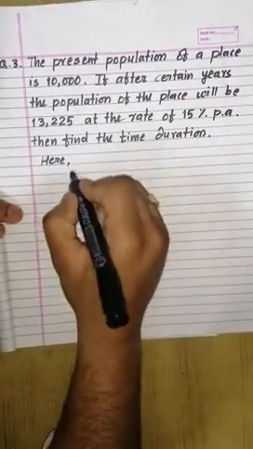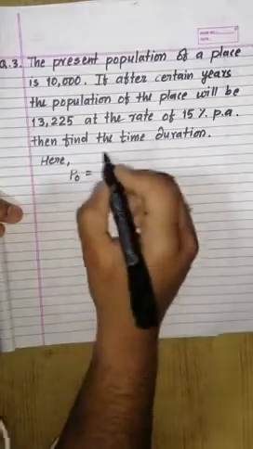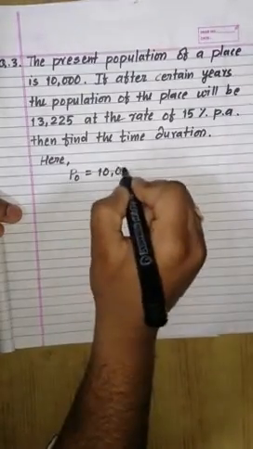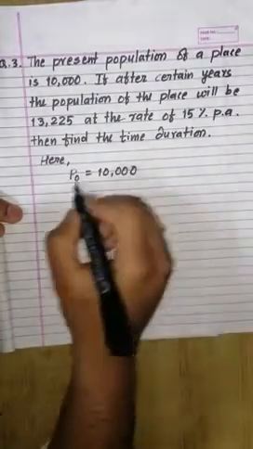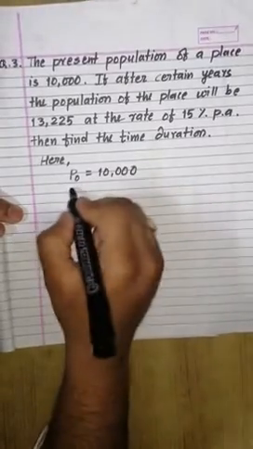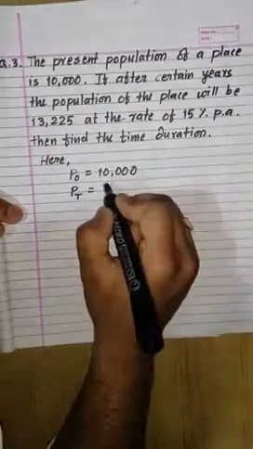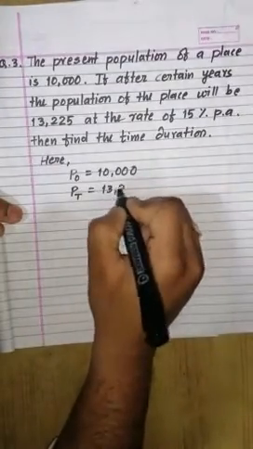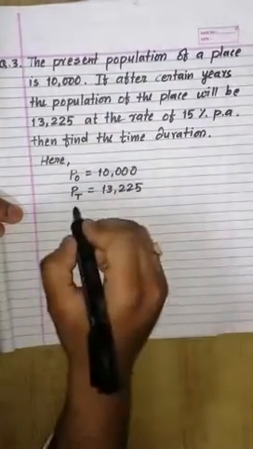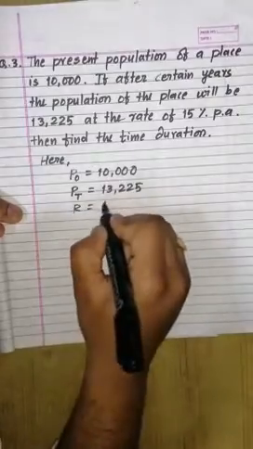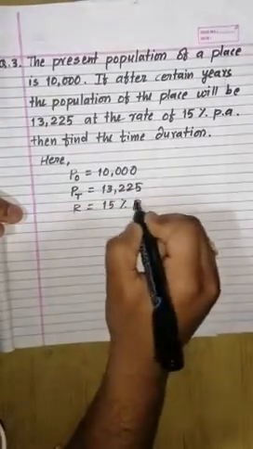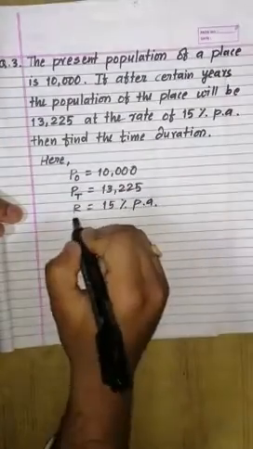So here P0 is 10,000 and population after certain years, let's say the certain years is T years, I'm supposing PT as 13,225, and we are given the rate of population growth as 15% per annum. So we are looking for time.